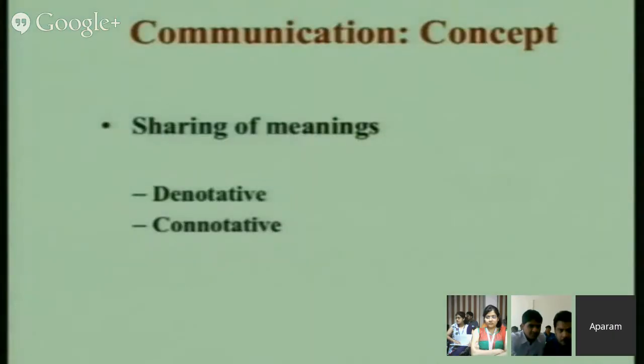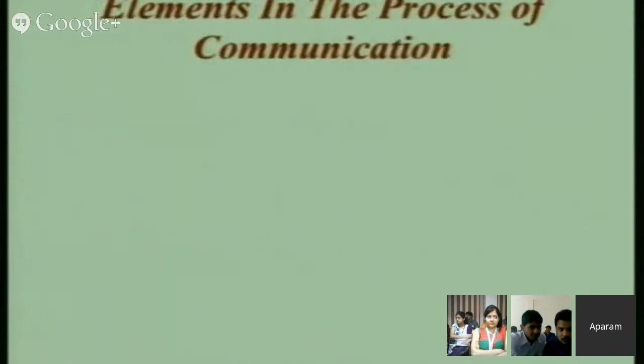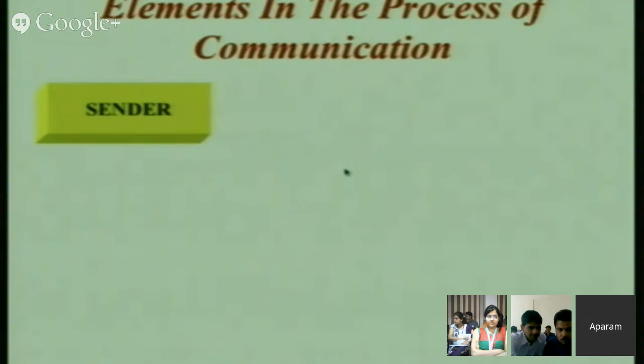Sharing of meanings. And when we talk about the process of communication, there are a number of elements in it. Obviously, the very first element is the sender, a person who is responsible for designing the message, selecting the symbol, and transmitting the message.